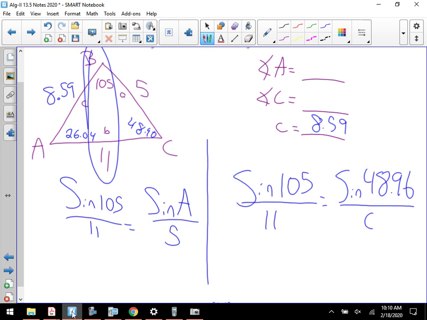Okay. Now, the other thing that law of sines allows us to do is use it to find areas of triangles that happen to be in a side angle side scenario.